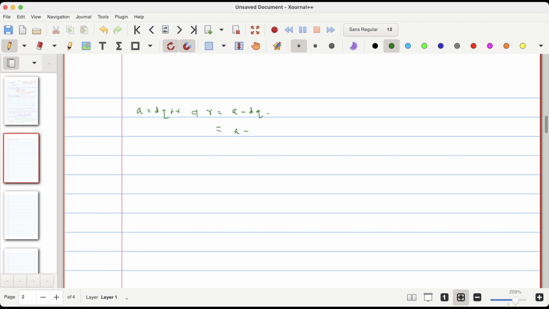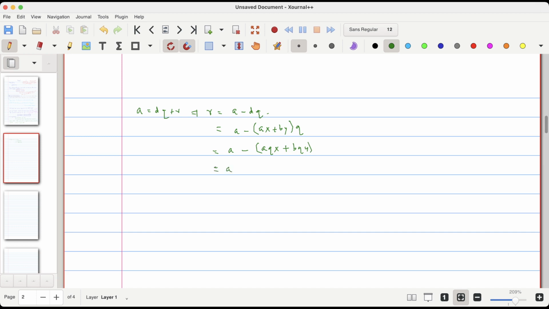So A minus, what is D? D was AX plus BY. We already proved it, right? That D equals AX plus BY. We just need to show that D is the GCD. So A minus Q times AX plus BY.